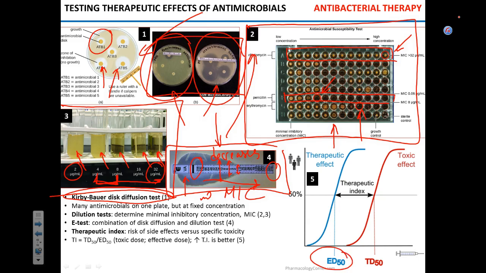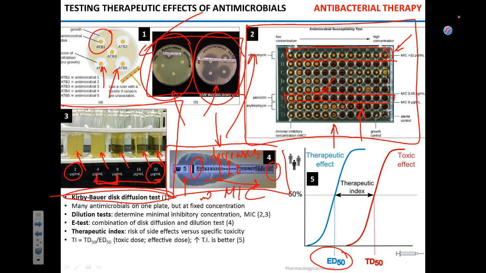ED50 is the median effective dose, meaning that at this dose, if you treat a cohort of patients, say of 100 people, in 50 patients you will see a recovery. So effective dose is the dose of a drug at which this drug is effective in 50% of patients. Does that make sense?